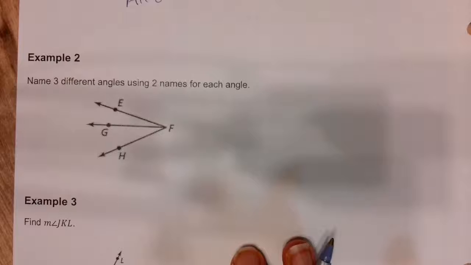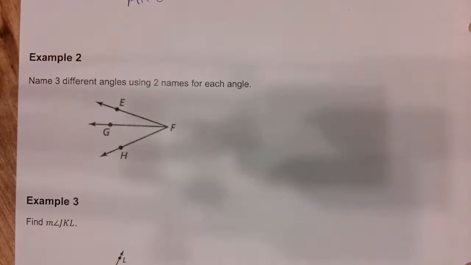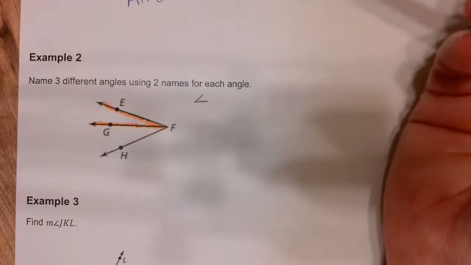Example 2, name 3 different angles using 2 names for each angle. Alright, so we have 3 angles in this picture actually. The first one is this kind of smaller one here, right there in orange. So to name that orange angle, use 3 letters.